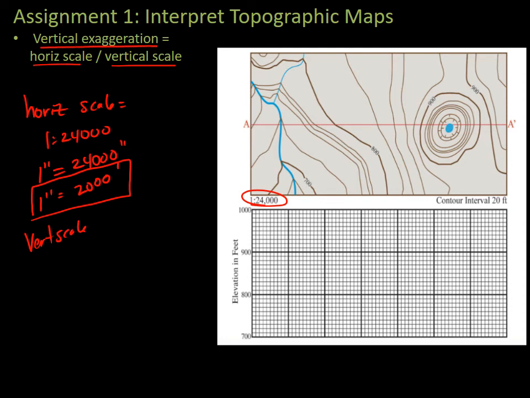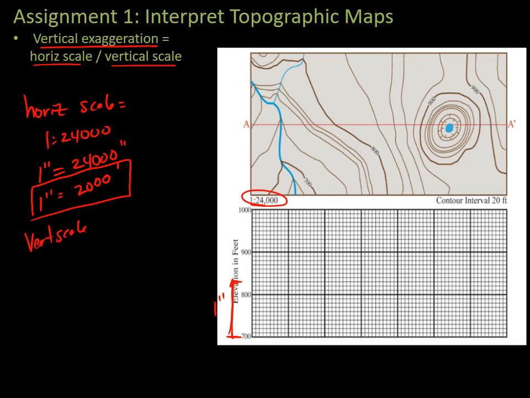So here we're going to go down to our graph paper and figure out a similar 1 inch equals so many feet by simply measuring 1 inch on the graph paper and figuring out how many feet on the graph paper it corresponds to. So you're going to take your printout and get a ruler and measure 1 inch from the 700 feet up, and then figure out where on the graph paper that 1 inch lands.